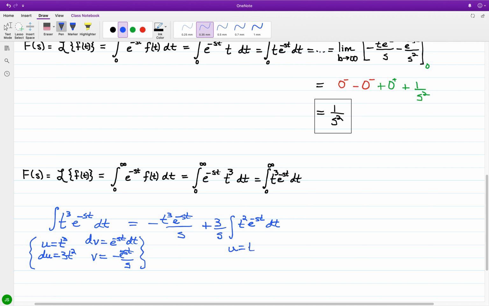So we have u is equal to t squared, and du is equal to 2t dt.